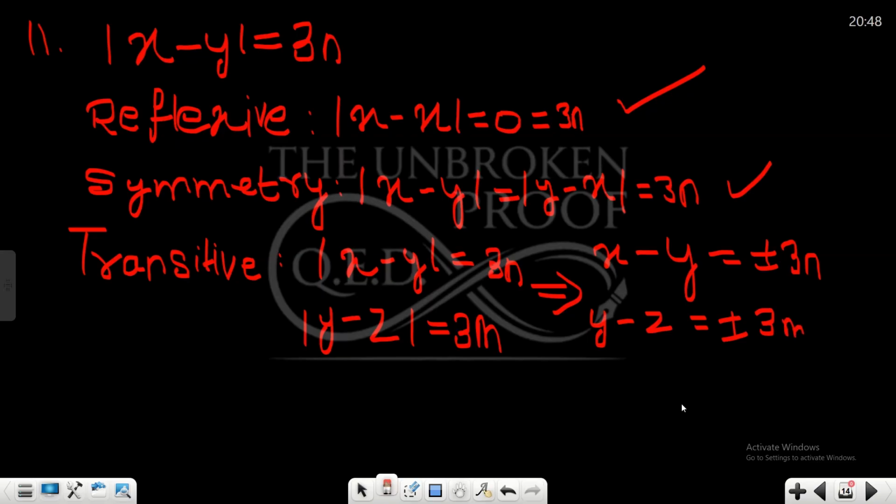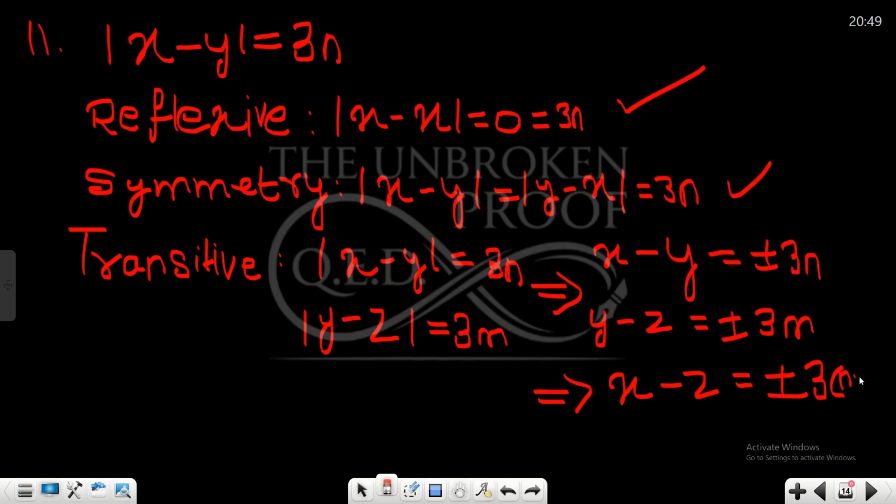Okay, 3m, and if you add these two equations, you will get that x minus z is equal to plus minus 3 times n plus m.